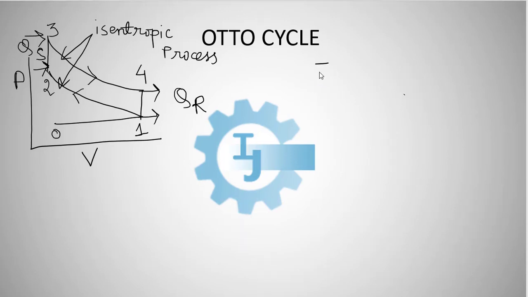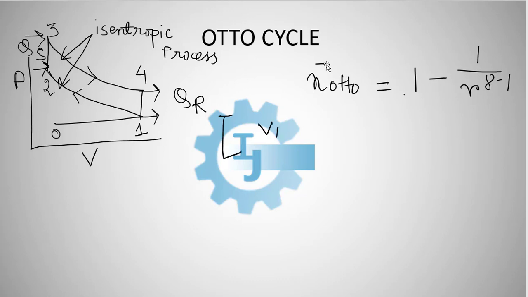Or we can write efficiency of Otto cycle equals 1 minus 1 by r to the power gamma minus 1, because V1 by V2 equals r. So this is the final equation for efficiency of Otto cycle. Efficiency of Otto cycle will be 1 minus 1 by r to the power gamma minus 1.